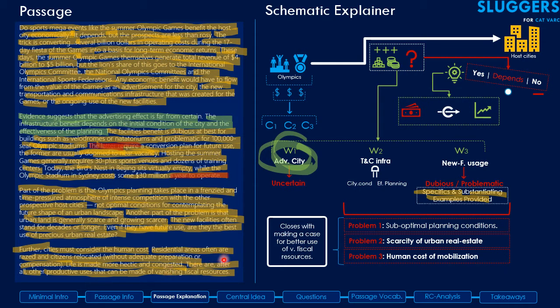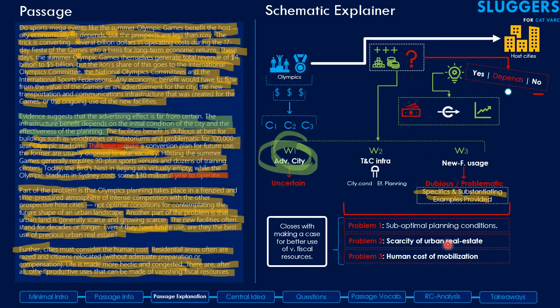So he's basically saying that instead of the host city expending so much government revenue, the revenue gained from taxes, on investing in infrastructure for the Olympics and organizing the Olympics, which anyways hardly has any benefit at all, even if you consider the long-term benefits that could have been provided, all of them are dubious.